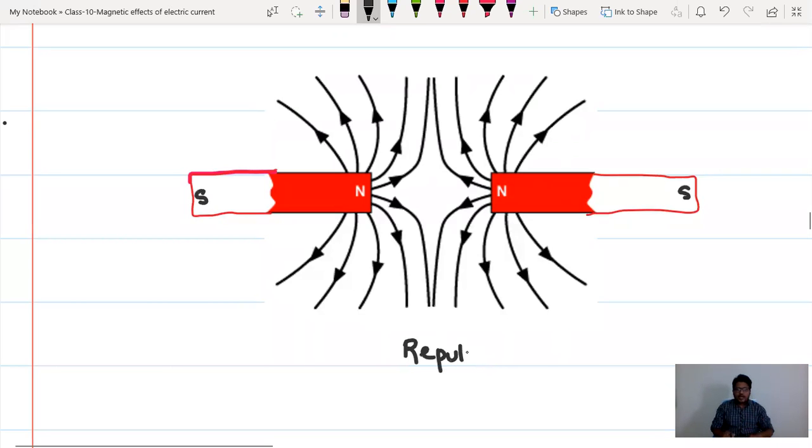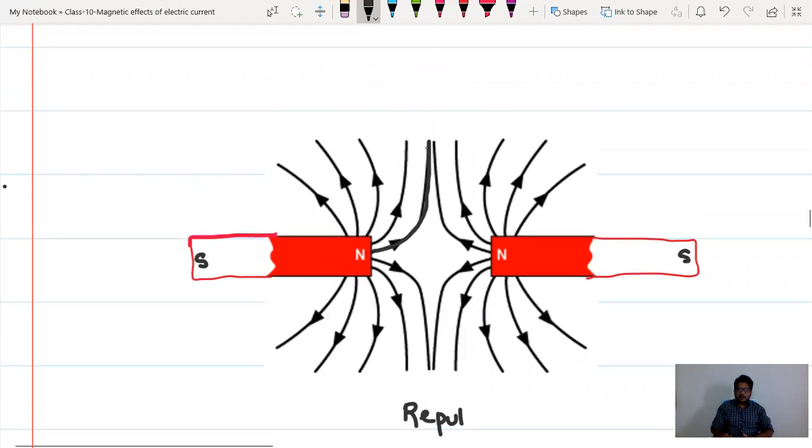Okay, let us understand that repulsion concept. You see, from north, one magnetic field line is passing like this. And of course, we know that magnetic field line will travel towards south. Here also, this also will travel towards south. All this magnetic field will travel towards south. Now, consider this is the first magnet and this is the second magnet.